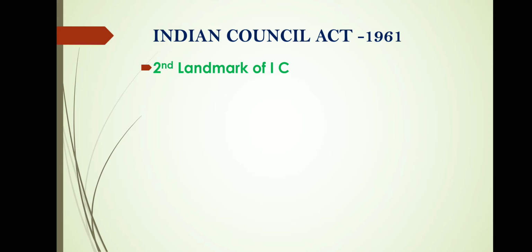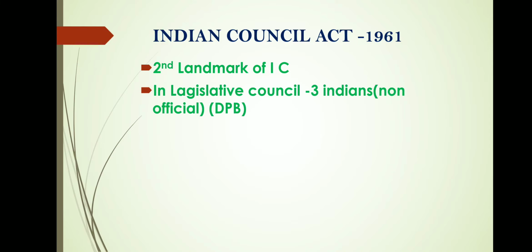In the Legislative Council, 3 Indians were added. In the last act, there was a 15-member Legislative Council. In that, 3 Indians were added in the 1861 Act as non-officials. So 3 non-official members were added.